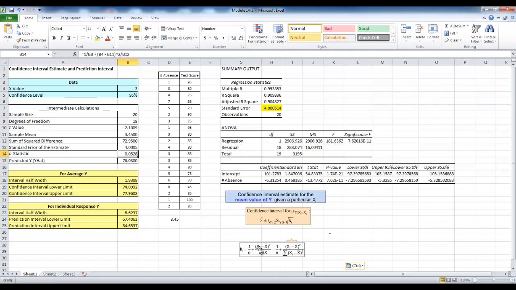B4 is our x value, which is 3, minus B11, the sample mean, and square this. If you look at the formula, divide it by the sum of square differences, which is B12.